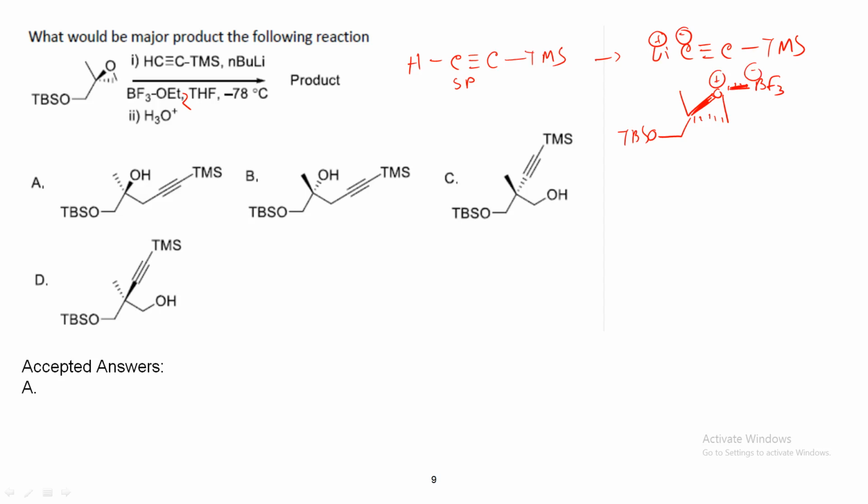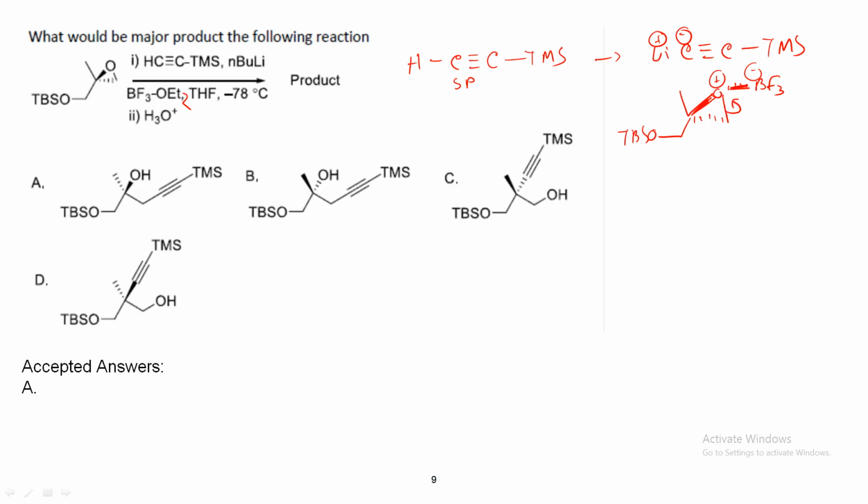As you can see, the somewhat positive charge is over an electronegative atom, which this kind of molecule doesn't like, so it wants to get neutralized, and the possible way of getting neutralized is this. So two possibilities are there, this or this.